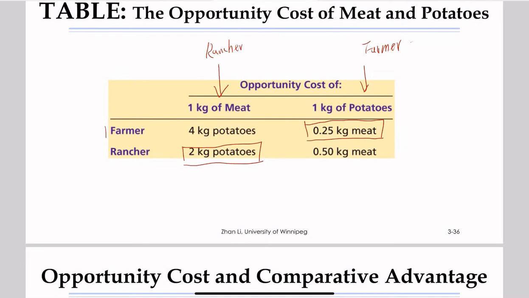So the rancher has a comparative advantage in producing meat, and the farmer has the comparative advantage in producing potatoes. So basically, we would let the rancher focus on producing meat and the farmer focus on producing potatoes. And in the end, the total production will increase and both the farmer and rancher will be better off through trading with each other.